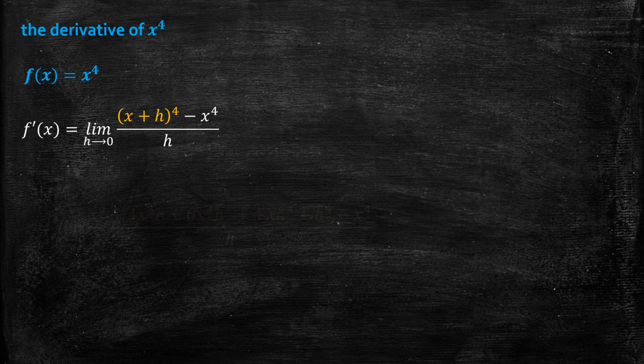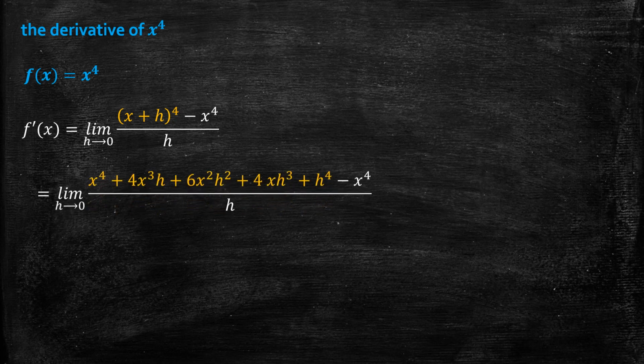Since we had expanded this using Pascal's triangle, why not use it? So we are going to evaluate this limit, which means expanding x plus h to the 4th, which you will recall was this long expression. Now notice the x to the 4th cancels, so that's convenient. And we are left with an expression in the numerator where the only common factor is h.